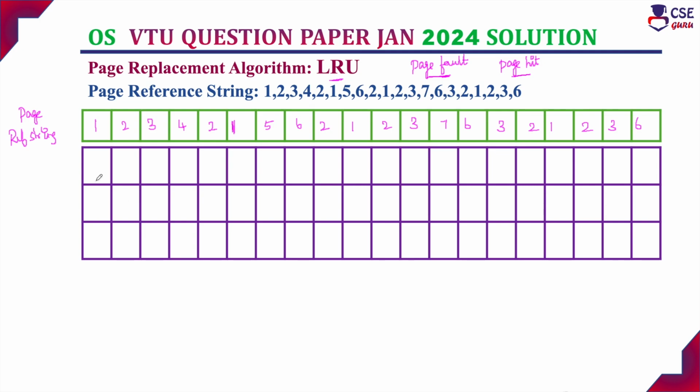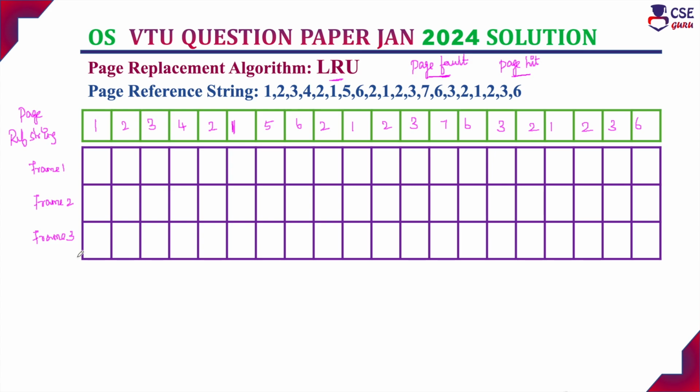Now initially, this is frame number 1, this is frame number 2, and this one is frame number 3. Initially, that many page faults will happen for all the algorithms, because nothing will be in main memory when the process execution starts.